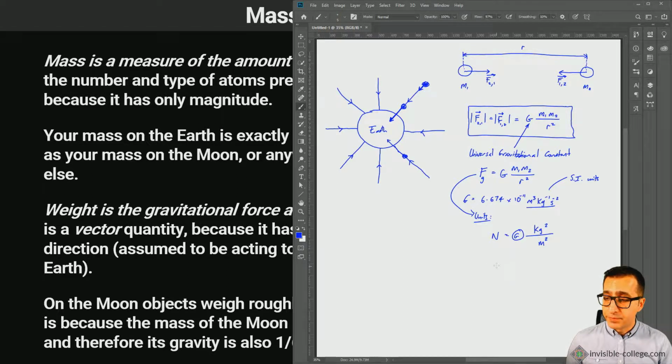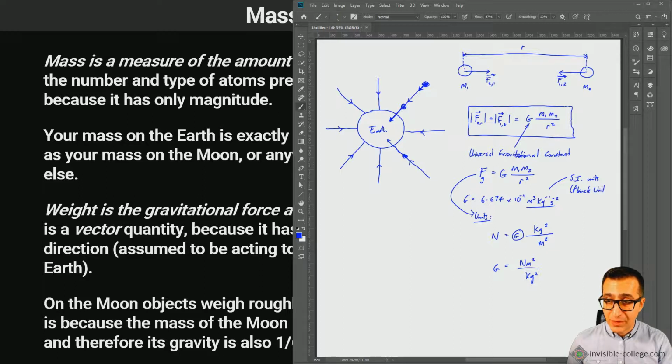So the units of G are going to be, when we rearrange this equation, we multiply both sides by meters squared, and we divide both sides by kilograms squared. So the units of G, for the purposes of our discussion, are not going to be standard units, which are again based on the Planck units.